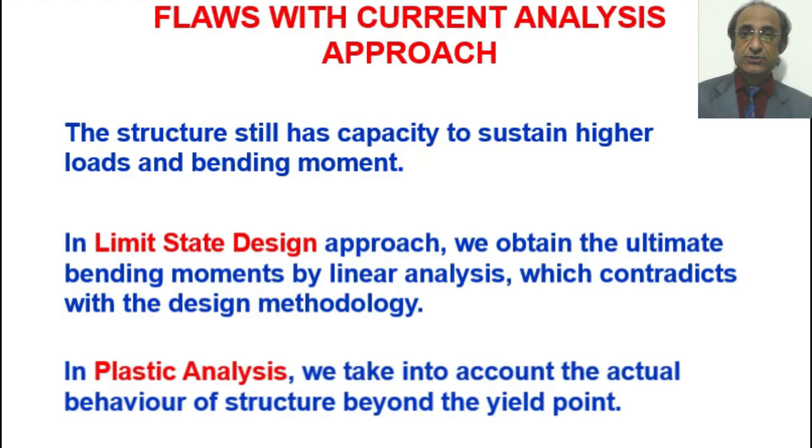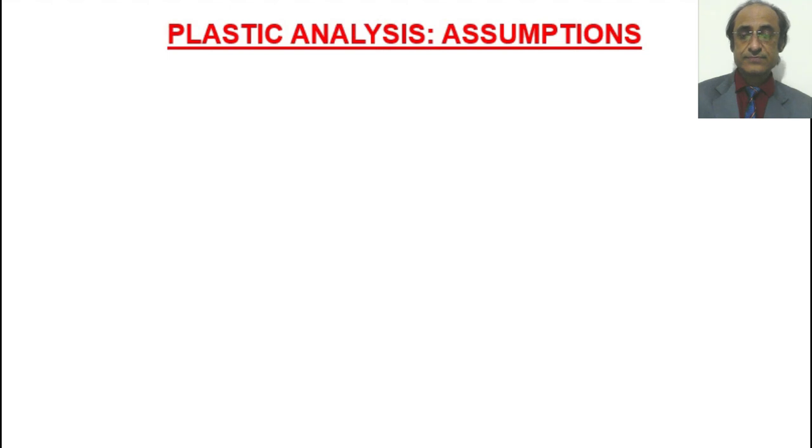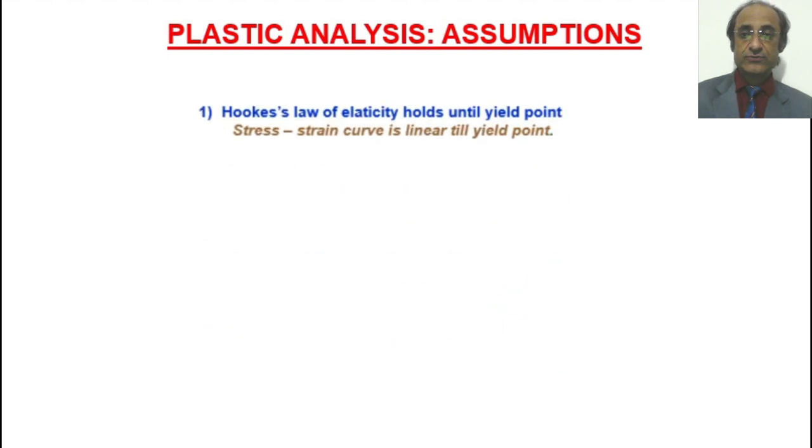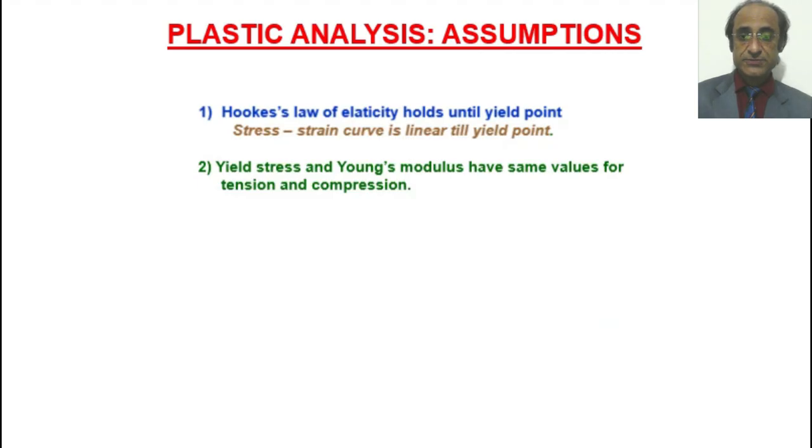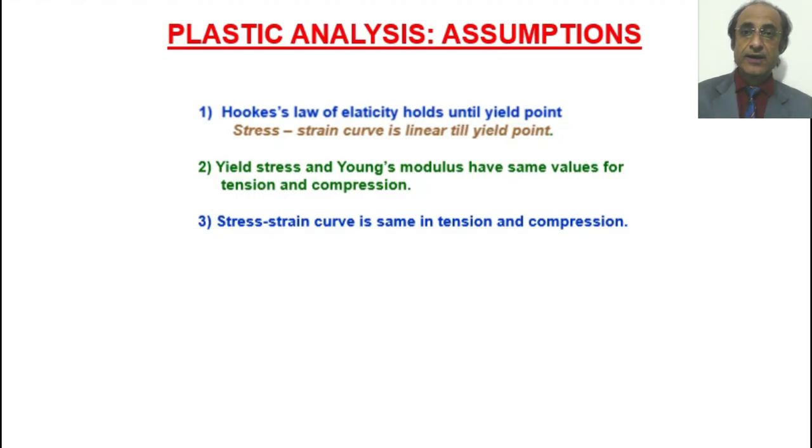Plastic analysis takes into account the actual behavior of the structure beyond the yield point. So let's see what assumptions we had considered. We assume that Hooke's law of elasticity is valid till the yield point, and that the yield stress, Young's modulus, as well as the stress strain curve are the same for both compression and tension.